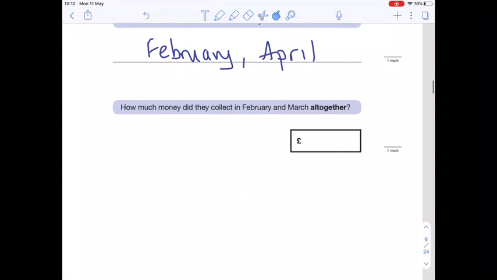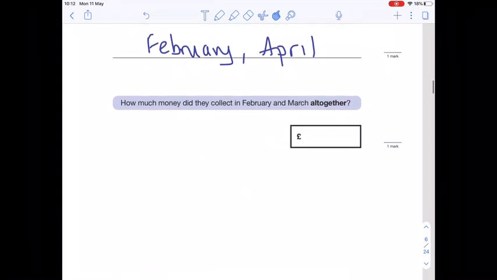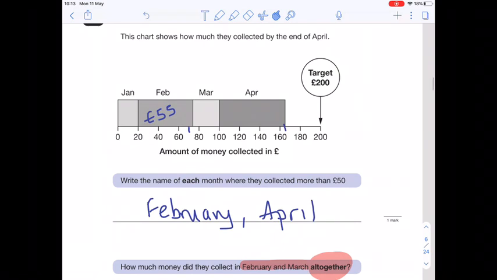Okay. How much did they collect in February and March all together? So just those months, but all together. Okay, let's have a look. We've got February and March, so we can get rid of this really because we don't need that anymore. We can look at February, which started at £20. We can look at March, which finished at £100.